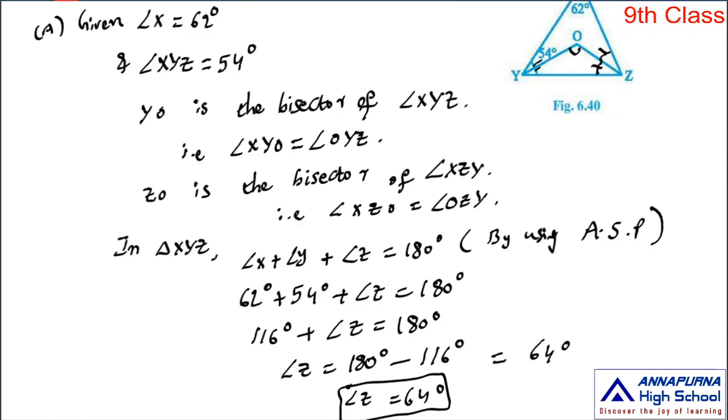Angle Z is equal to 64 degrees. See the figure.